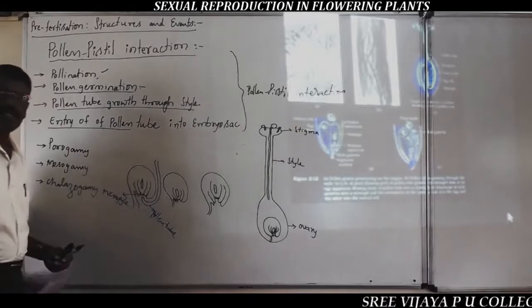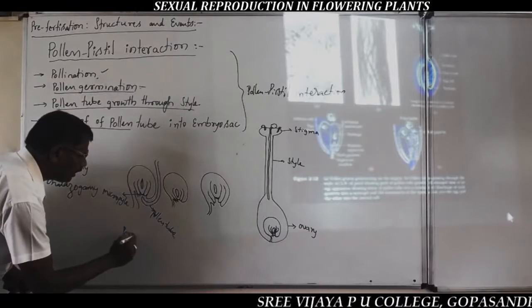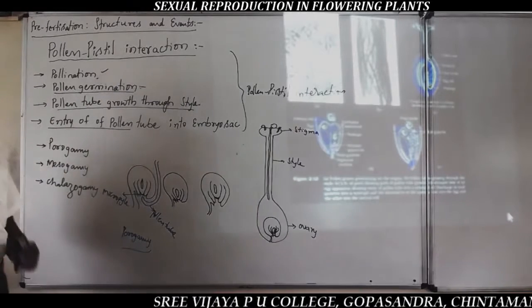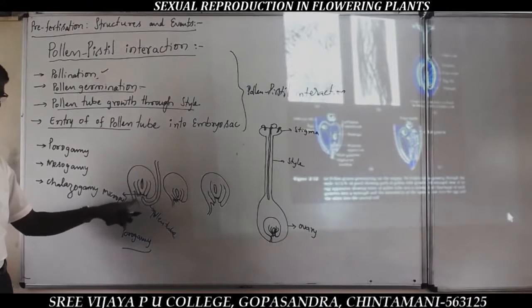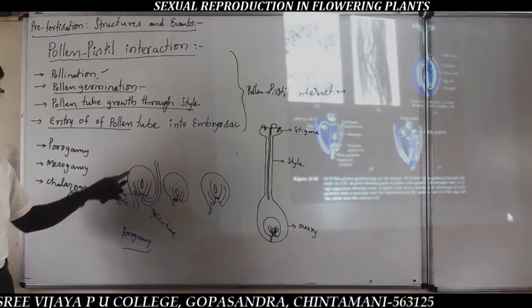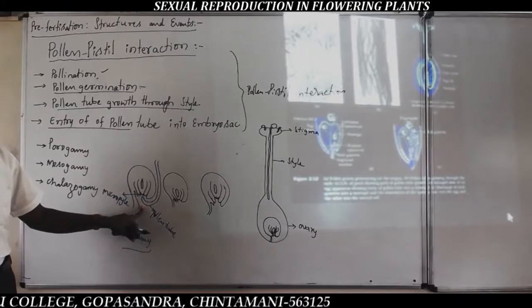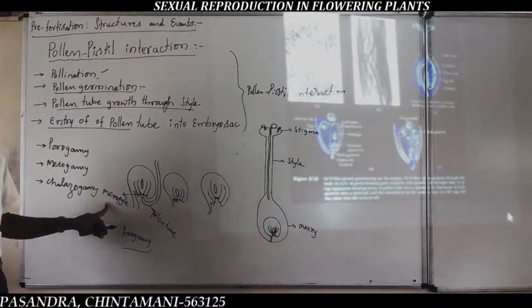This phenomenon is called porogamy. Porogamy is the entry of the pollen tube into the embryo sac through the pore. The pore present in the ovule is called the micropyle.